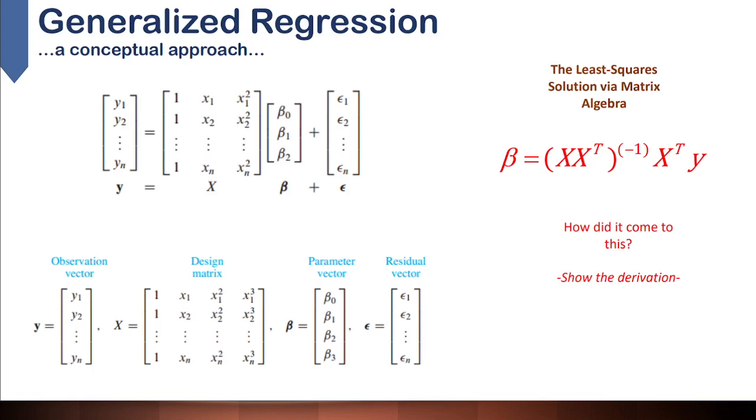Beta equals the inverse of X transpose X, times X transpose, times Y. Here, y is the observation vector, X is the design matrix, beta is the parameter vector, and the last one, epsilon, is the residual vector.